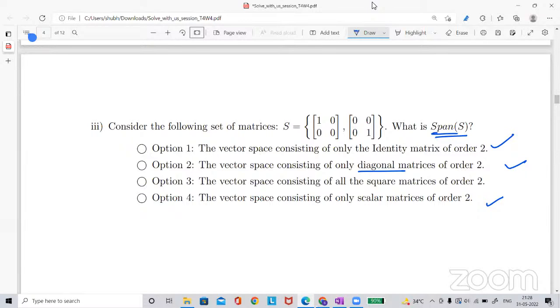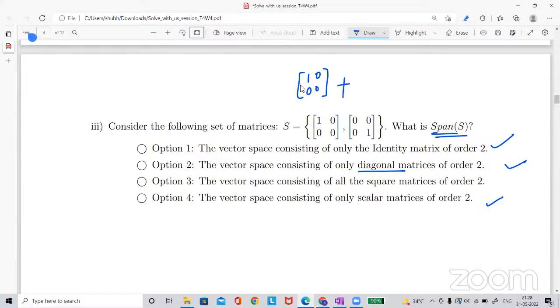So then span only says option 2. Maybe. Let's see, span says all possible linear combinations. If there are scalar multiples, then it becomes a diagonal matrix. All possible means we can take any.